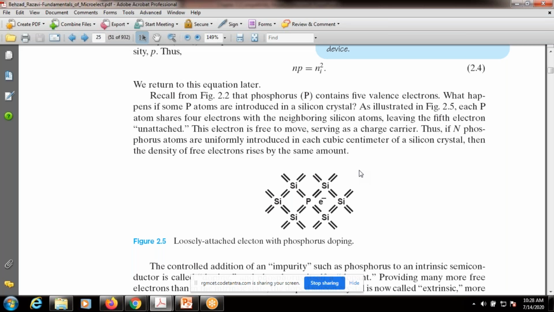If we introduce, suppose, 10 phosphorus atoms, 10 free electrons are available. Other than the previous n, where n into p is equal to ni square, now a few more electrons are available for conduction. This is important. If previously it was n, now it is n plus capital N.